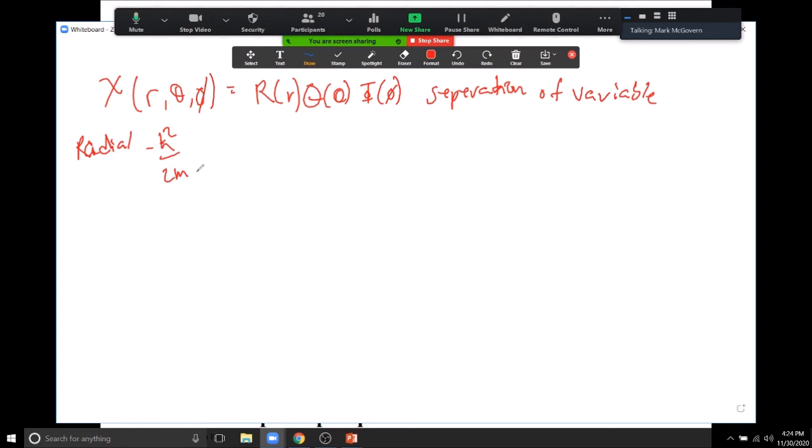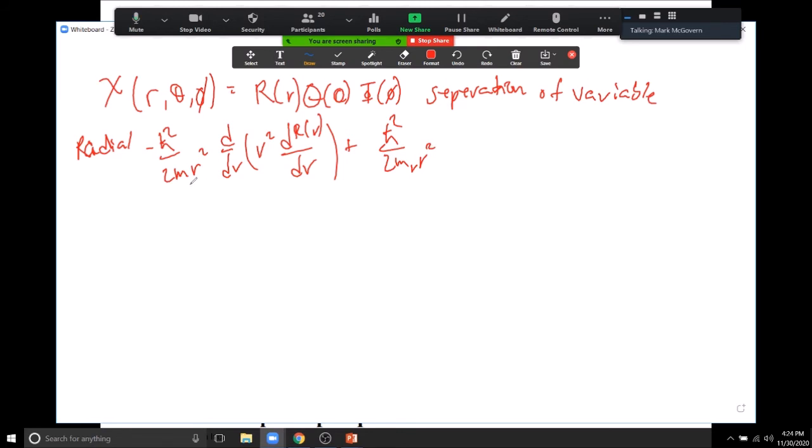But then we have to put in the Laplacian stuff here, which is 1 over r squared, d dr, of r squared dr, plus an h bar squared over 2m r squared term.